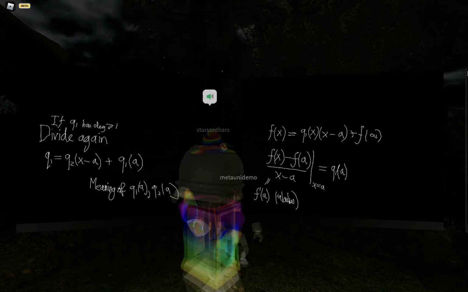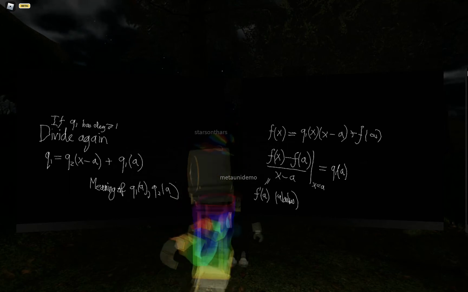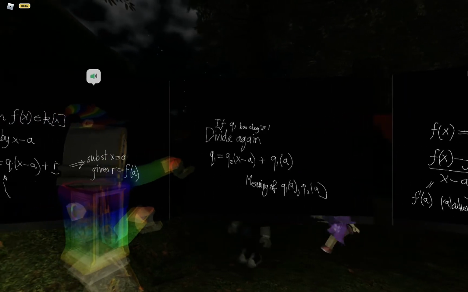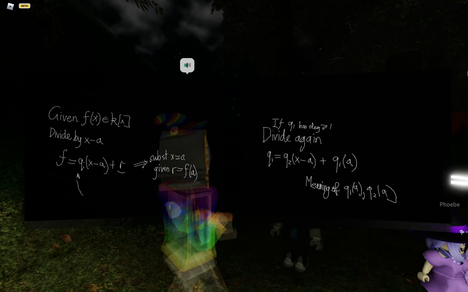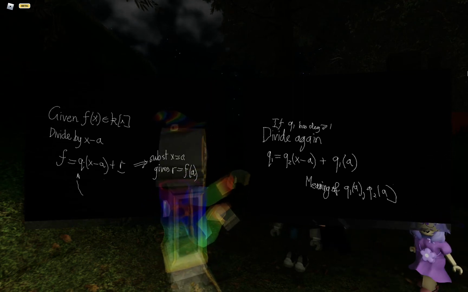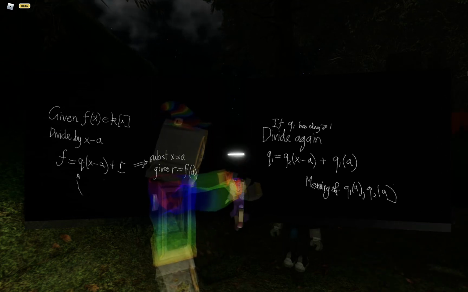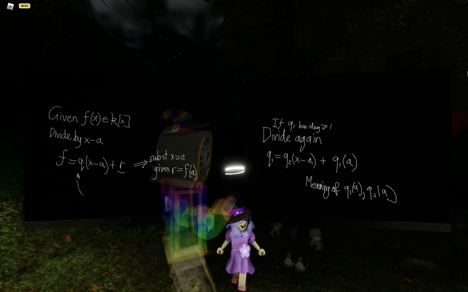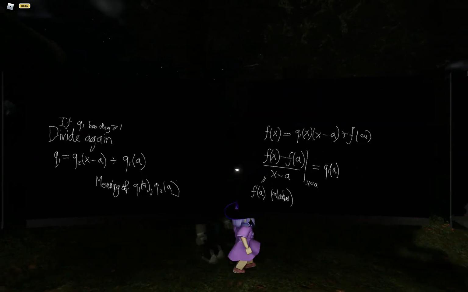So what about Q2 of A? It has the same relationship to Q1 as Q1 of A does to F. Almost. Okay, let's just proceed. Any questions about this?